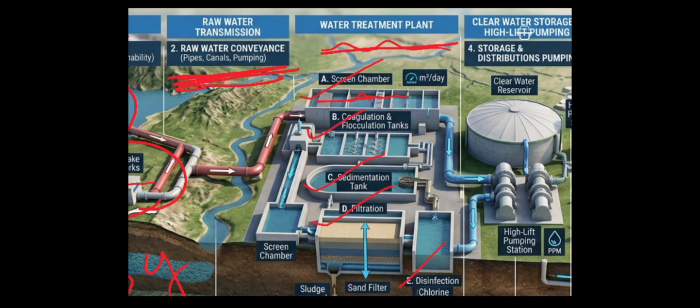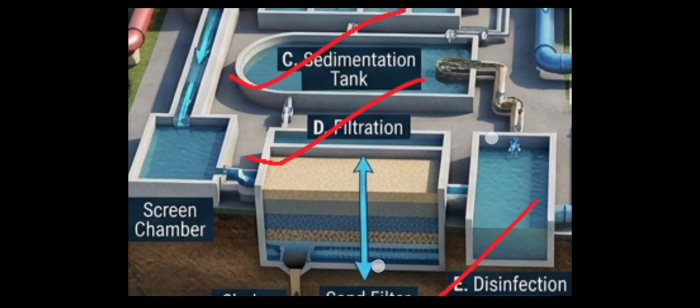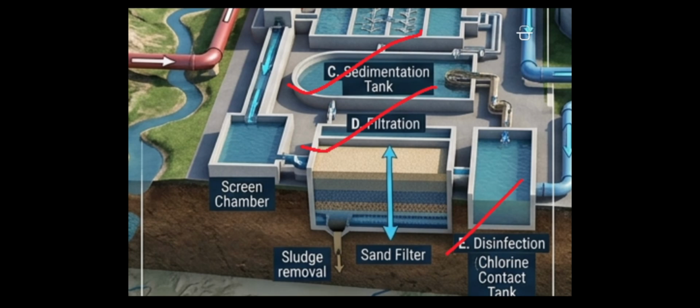Next, sedimentation tank. All the heavy dirt will settle at the bottom of the chamber in this sedimentation tank. Next, filtration. In filtration, we have many types of filtration. We'll get into that during the detailed explanation.